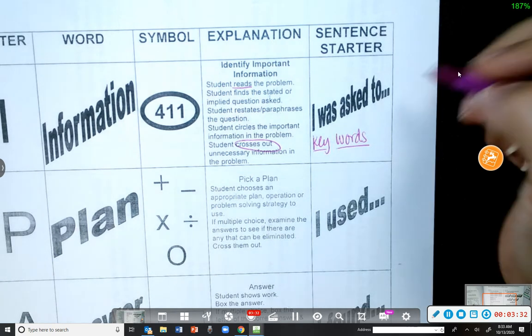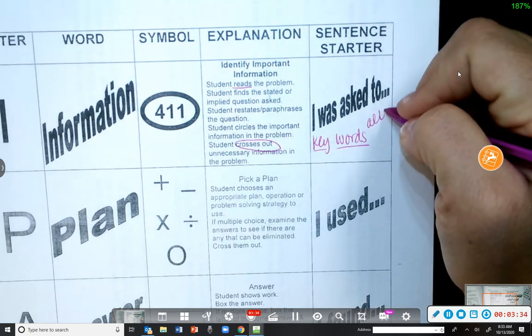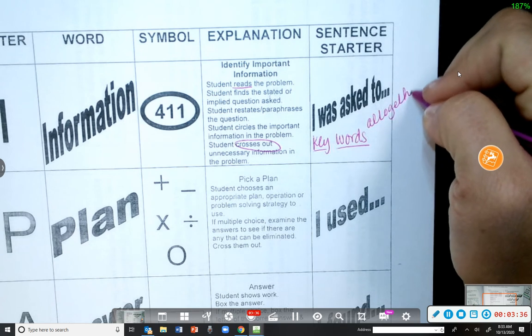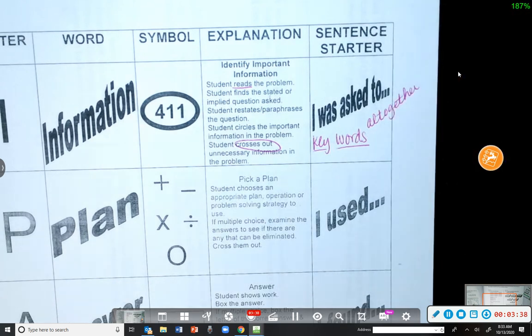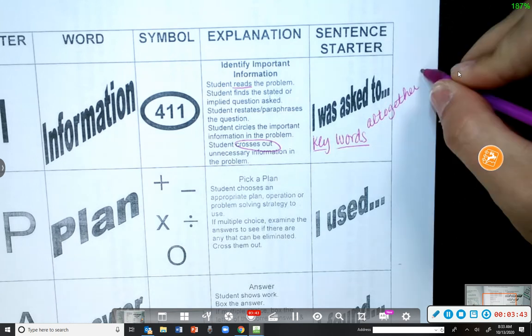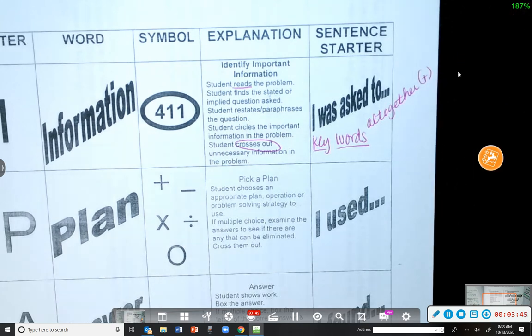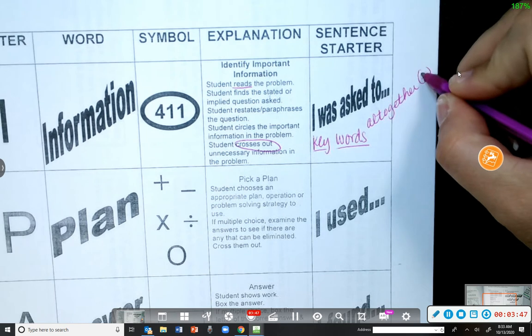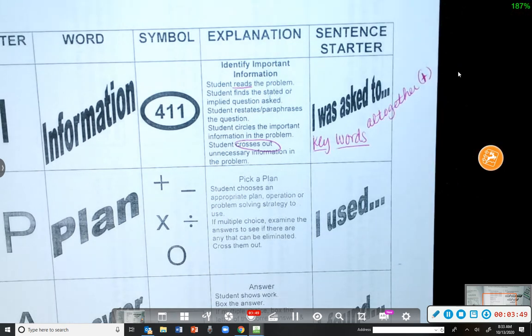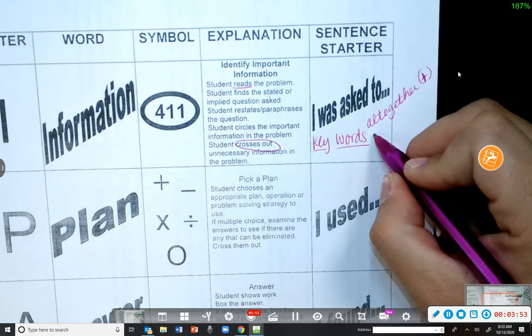All together. Good. And y'all don't have to write this. We're just going over it. All together is for addition. What else? Kelsey? In all. In all.